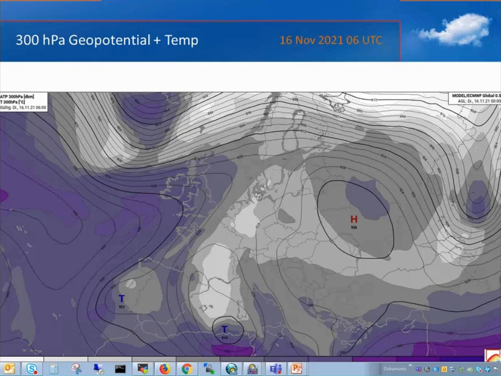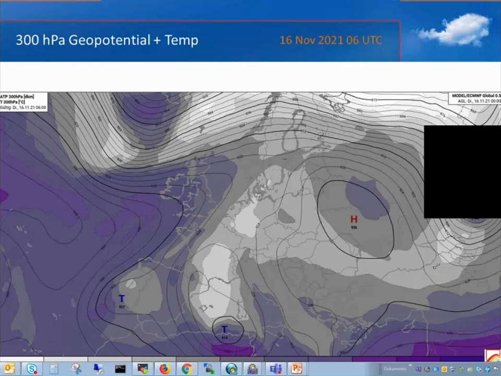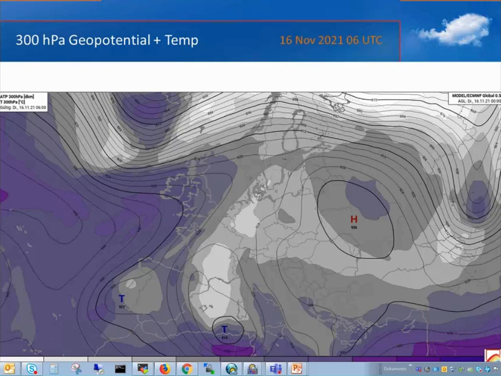Okay, so maybe you have an idea which satellite image is good for looking at very high elevations, 300 hectopascal. Anybody? I don't see anything so far. Still waiting a couple of seconds longer.